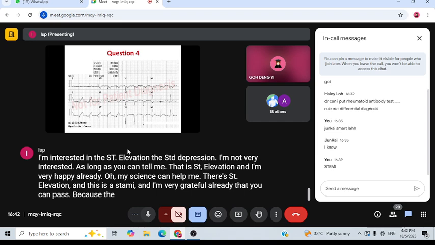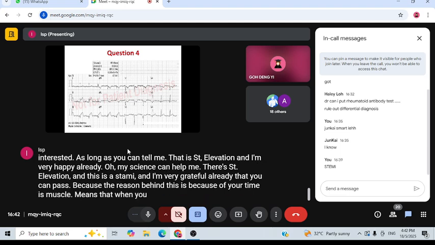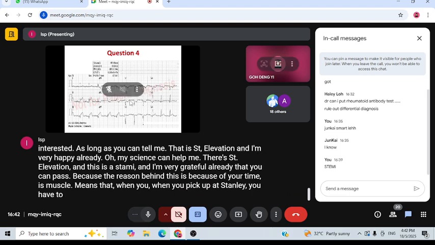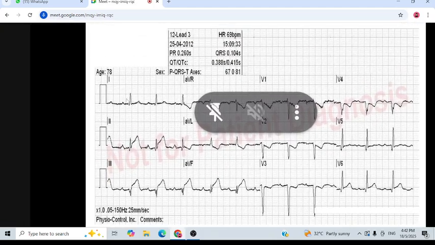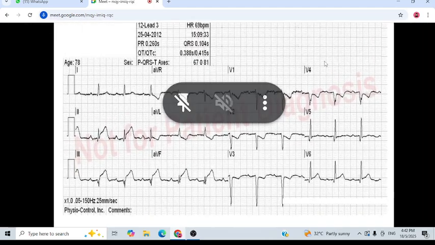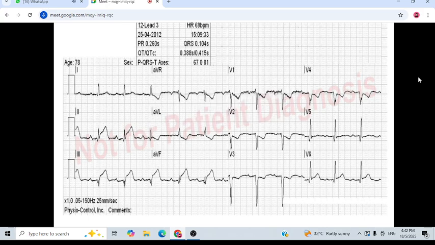The reason behind this is because time is muscle. It means that when you pick up a STEMI, you have to be very quick to decide on your reperfusion treatment. Either you thrombolize the patient or you go straight to PCI. If you delay this further, the clot can propagate, the ischemia can worsen, and in the end the patient will go into a full infarct.